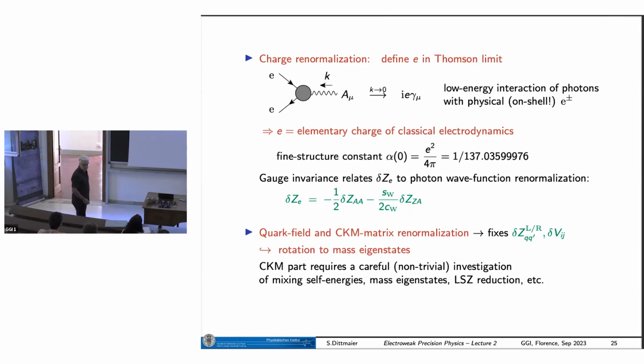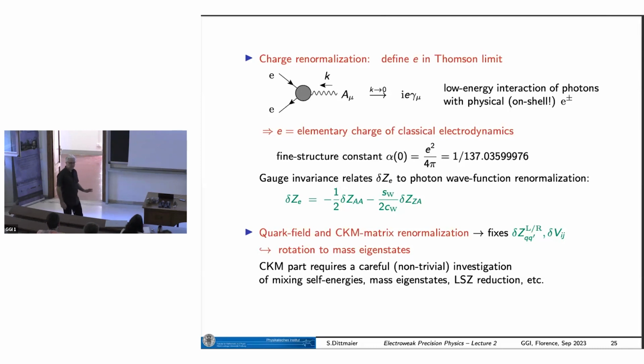Okay, so this completes almost the renormalization of all the standard model parameters. There's still the CKM matrix, but I better not touch it here, because it doesn't play a role in the high energy observables that we typically calculate and correct in electroweak theory.